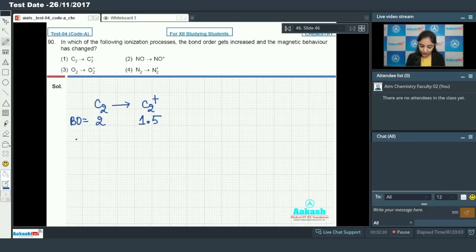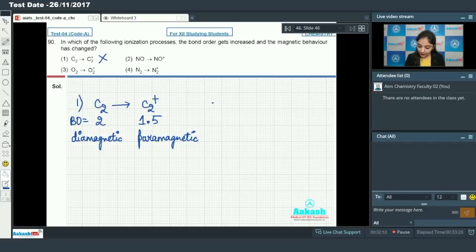The C2 molecule is diamagnetic in nature as no electron is unpaired, so as one electron is removed, it will become paramagnetic. So here the magnetic behavior has changed, but the bond order has decreased, not increased. So this option is not our answer.